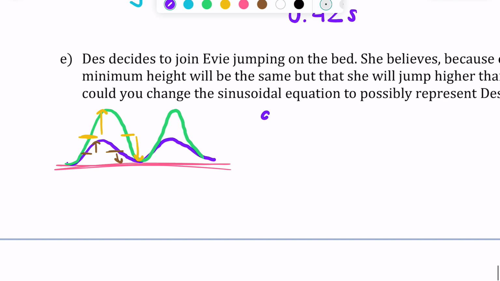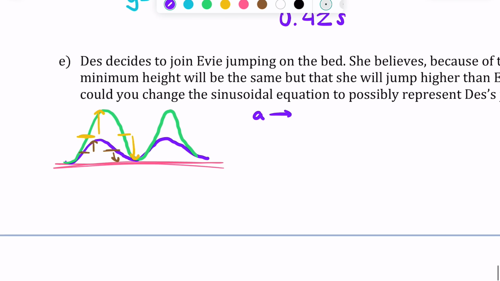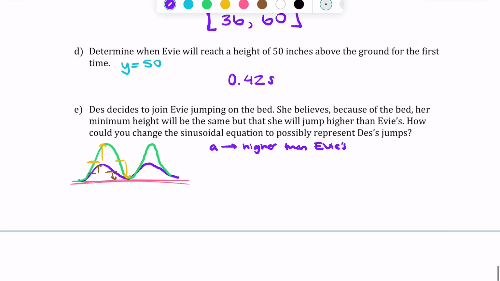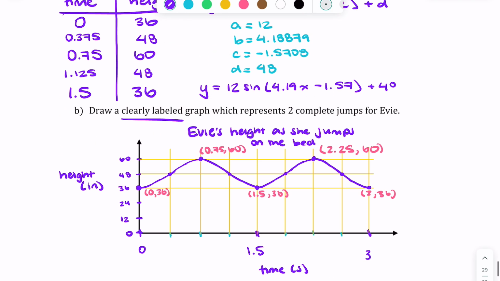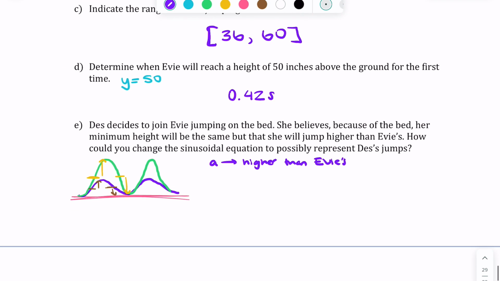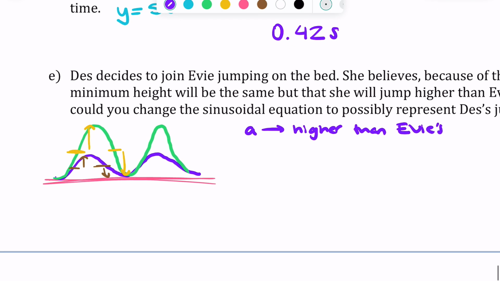So my A value is going to be higher than Evie's. We don't know how much higher she's jumping, so I can't tell you for sure. But if Evie's amplitude is 12, then Des must be 12.1, 13, 15, 16, etc.